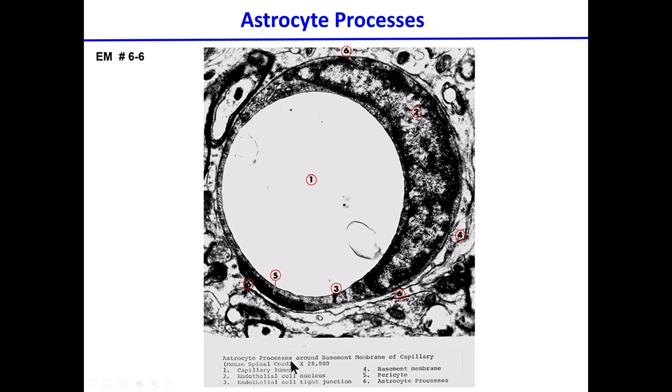Okay. There is, of course, the basement membrane, there's the pericyte, and then the astrocyte processes are wrapping around it. Okay, and it goes all around, and you find again on the other end, surrounding the capillary, an astrocyte that adds an additional layer of protection.